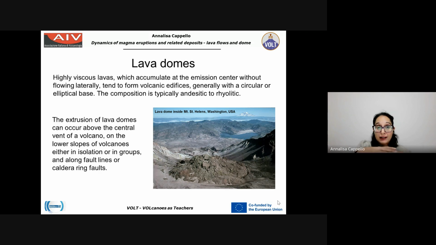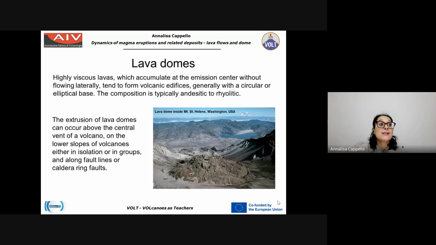The solidified shell can form fractures, and small flows of lava can flow, but this lava is extremely viscous. And the characteristic of this lava being very viscous is that it is emitted at low temperatures, between 600 and 800 degrees.